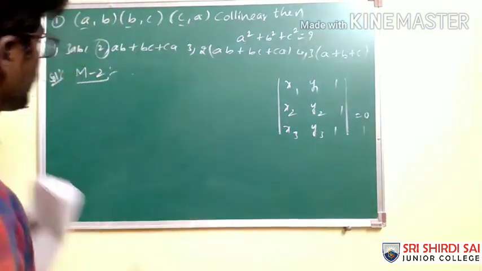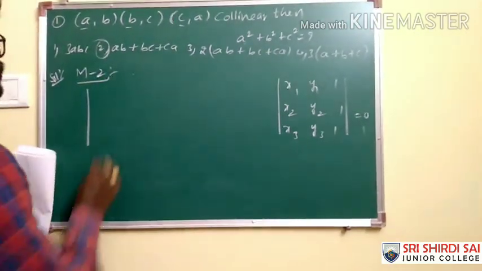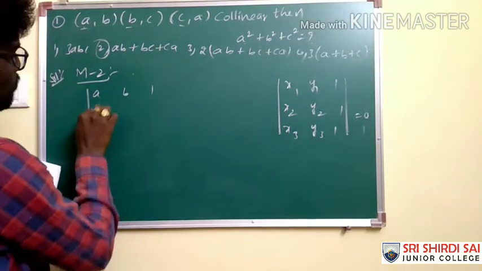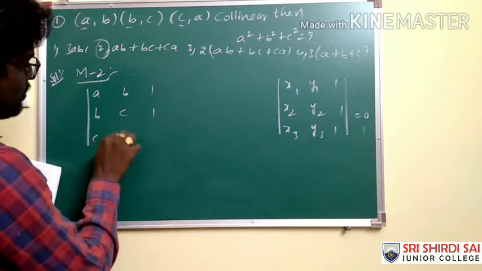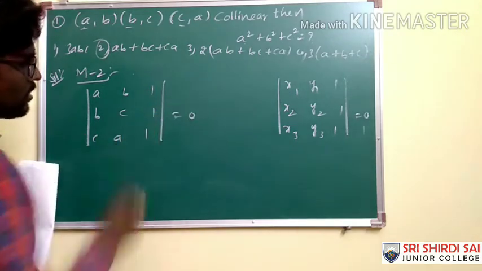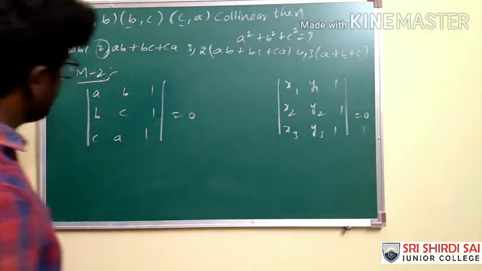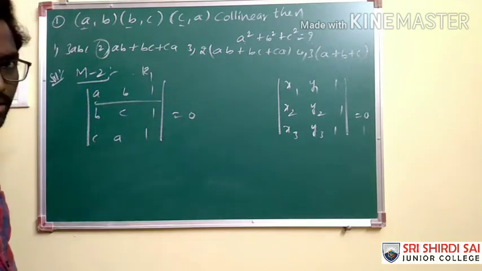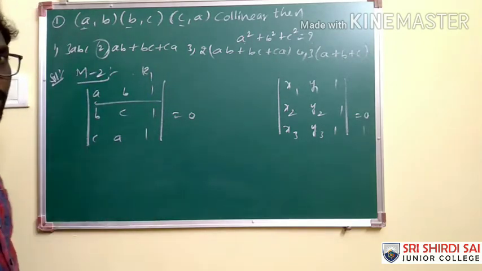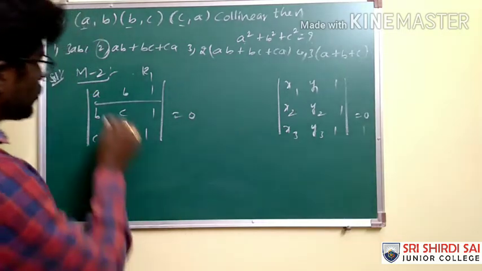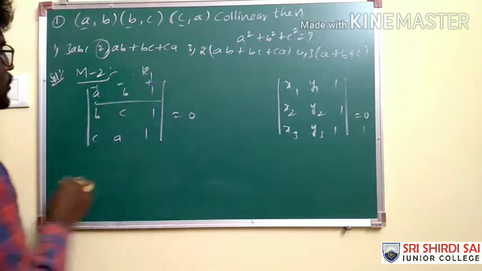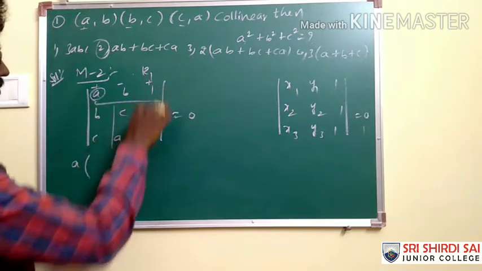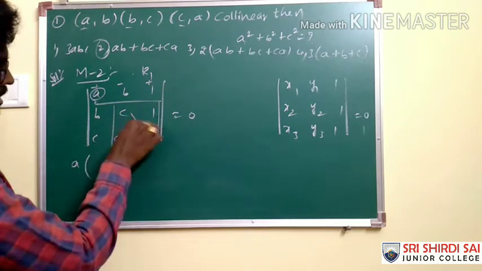Let us see. x1 y1 1 means A B 1, B C 1, C A 1 is equal to 0. Therefore, let's expand this with the help of row 1. While taking the expansion with row 1, the method I told you is positive, negative, and positive. A into the cross product between these two, that is C minus A.